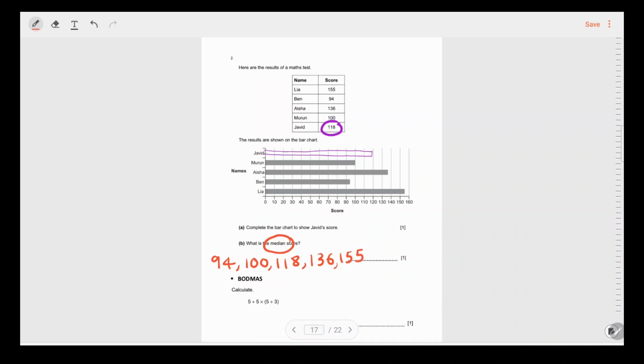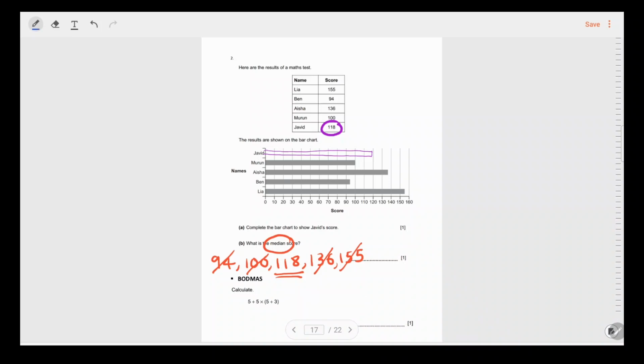So we arrange the scores in order, either ascending or descending, and we find the middle score. So we keep cancelling off the numbers from the corners, and we end up with the median, which is 118.